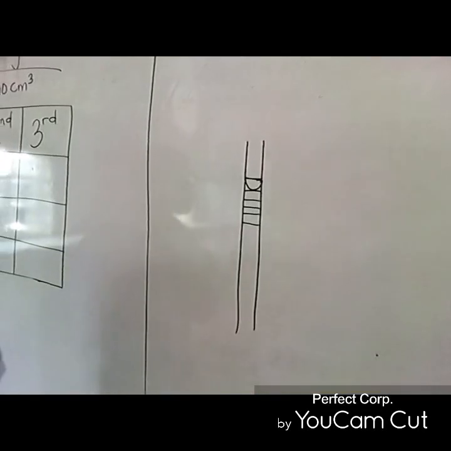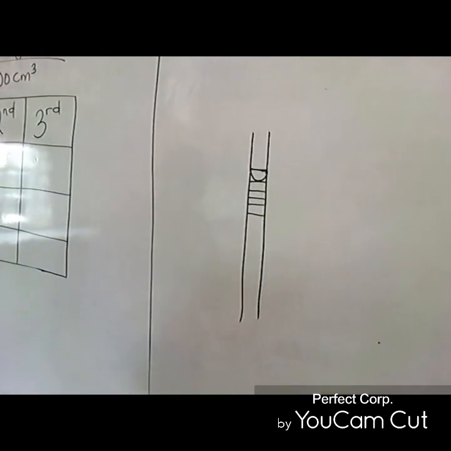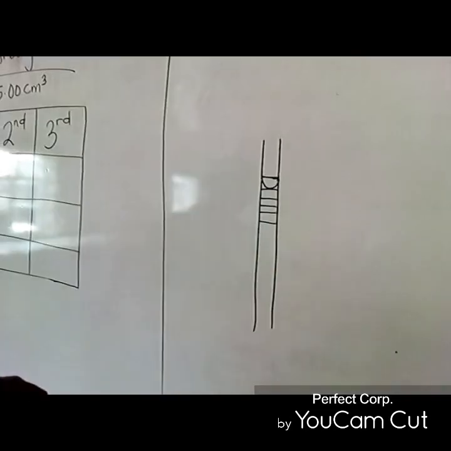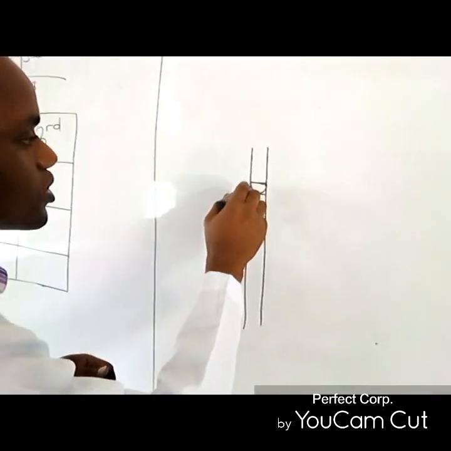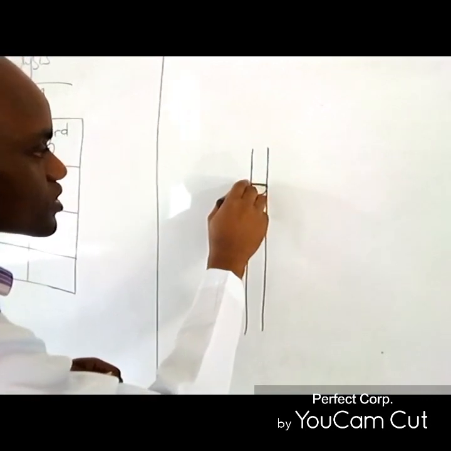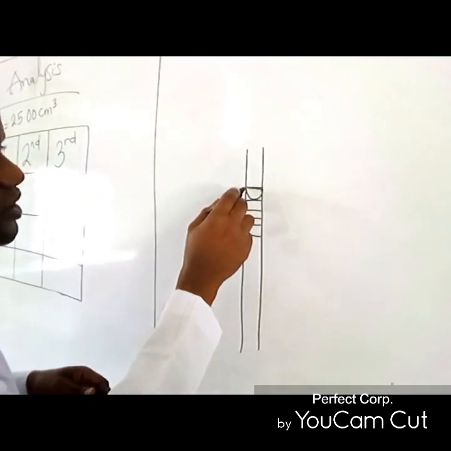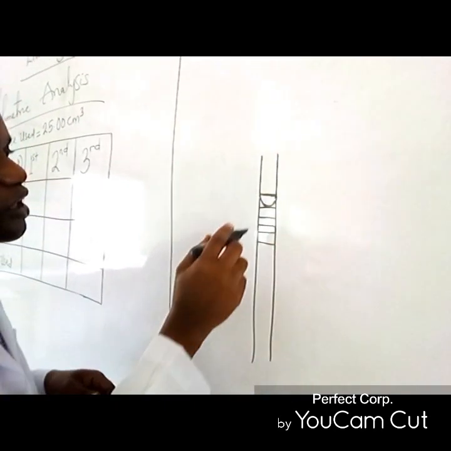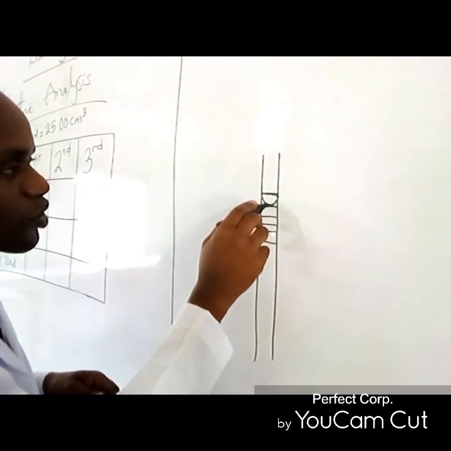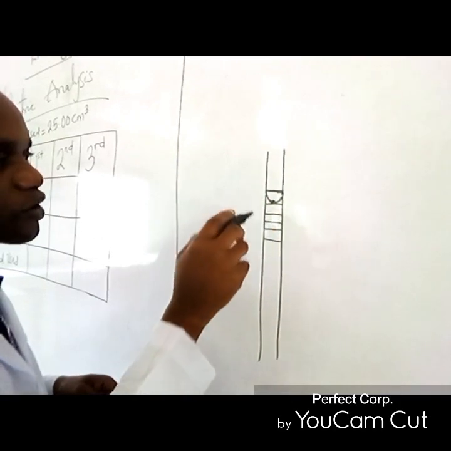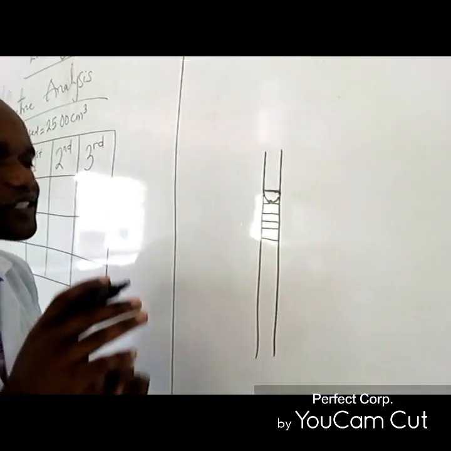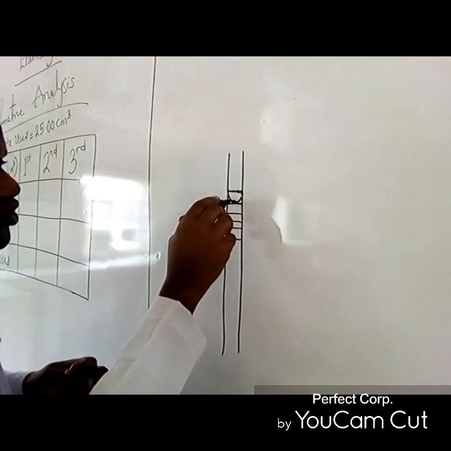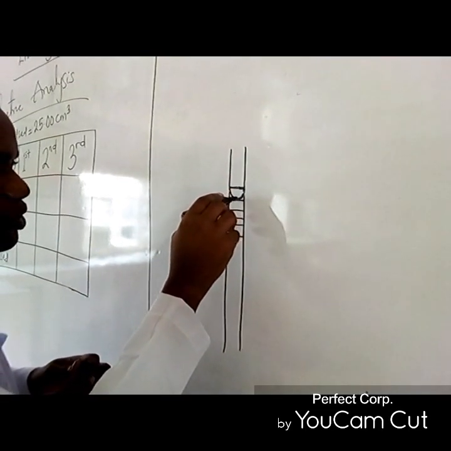Let's assume this is the acid solution in the burette. You read from this point. This is where we are looking at. Take note, that's what we call the meniscus level. You don't read from here. Take your reading from this U shape. That's what we are considering.